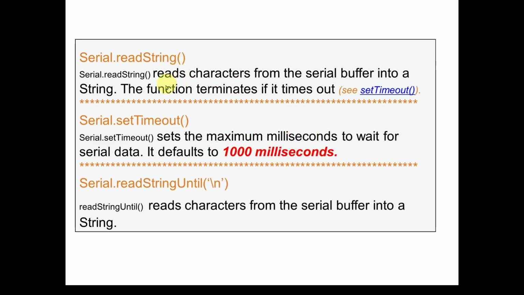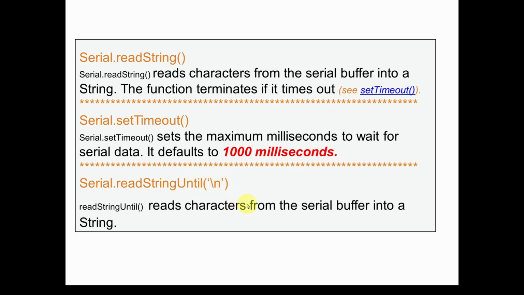So we're going to replace our readString with something much nicer, which is readStringUntil, and we're going to tell it what termination character it should be looking for. When it recognizes that \n termination, it's going to say, oh okay, I don't need to time out anymore. I've got my full string.